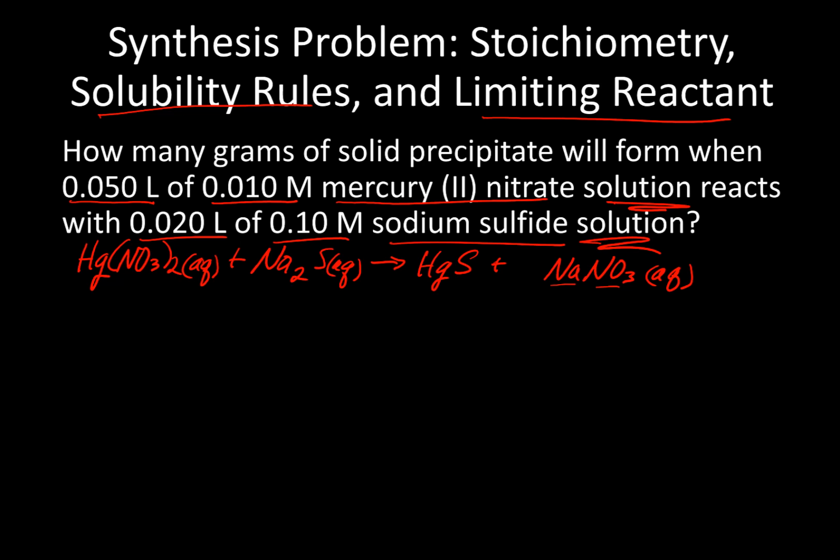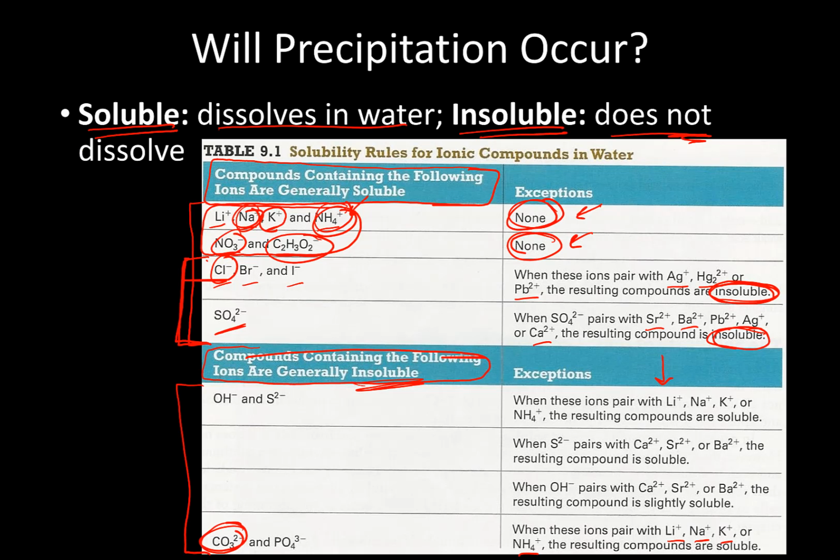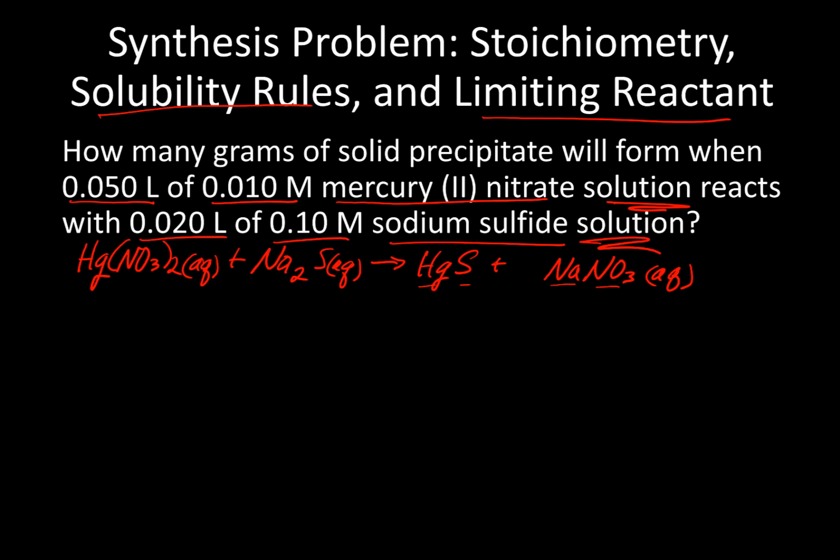This mercury and sulfide we haven't seen yet, so I'm going to back up to that table. Generally, things that have sulfide, S2-, are insoluble. It's paired with mercury, so the only exceptions for sulfide are lithium, sodium, potassium, and ammonium. Mercury is not one of those, so that means that this compound is going to be solid.